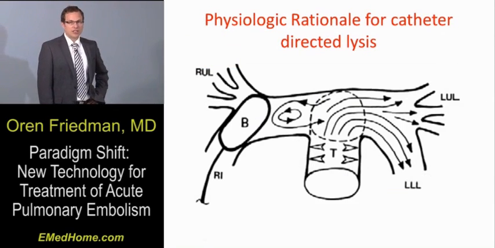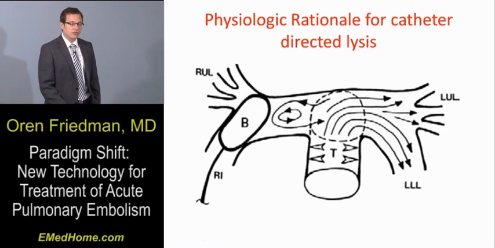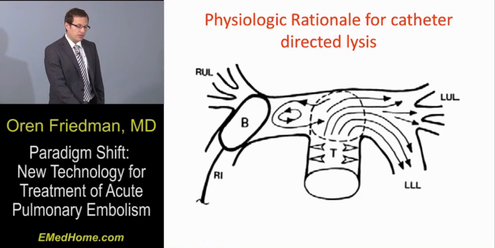There's a physiologic rationale why infusing lytics through a catheter directly into the clot has advantages over giving them systemically. It turns out that when you give IV systemic thrombolytics, if you have a large clot over here, as you can see labeled B, a lot of the drug is going to swirl around in these eddies and go towards the lung that is better perfused, or towards the pulmonary arteries that are better perfused.